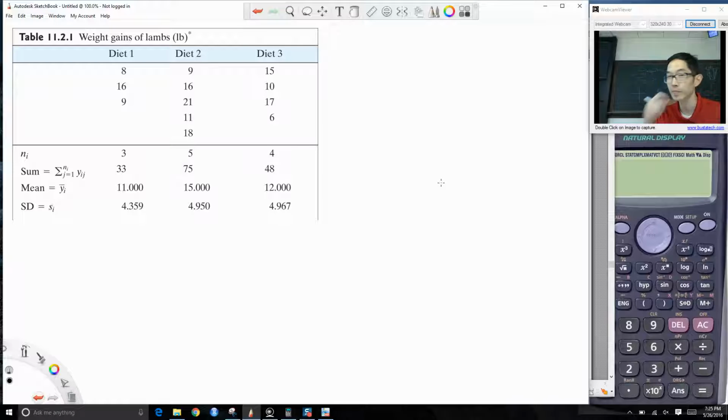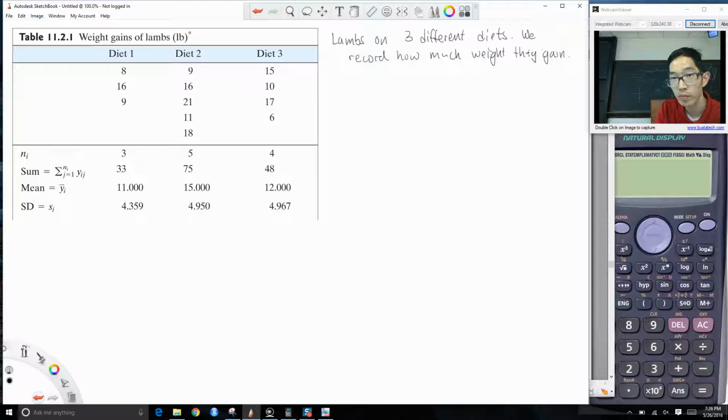We have lambs on 3 different diets. You don't really need this row that says sum, but it's there, okay?